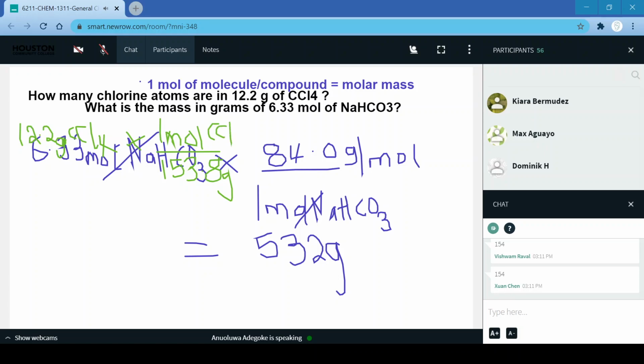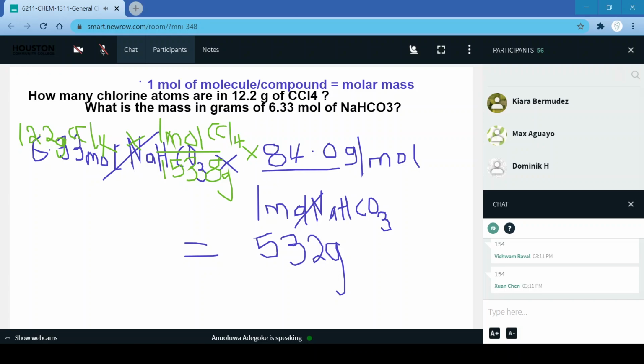Now that we have turned our mass to moles, remember I said whenever we are looking at the number of atoms, we first need to convert our grams to moles. So right now we have converted grams to mole. Now we keep going. These steps, you could break it down or you could do it in one straight line.